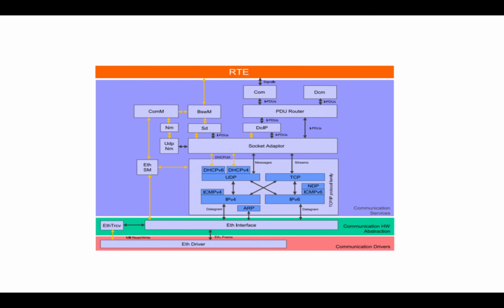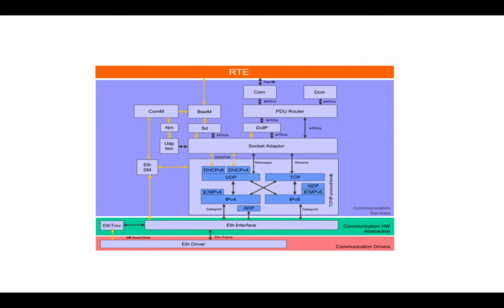As I mentioned, the PDUR cannot directly route the PDU to the Ethernet interface, because TCP/IP is a socket based communication protocol. So the AUTOSAR socket adapter module is responsible to bridge this gap, and provides the functionality to map IPDU IDs to socket connections, or socket connections to IPDUs.